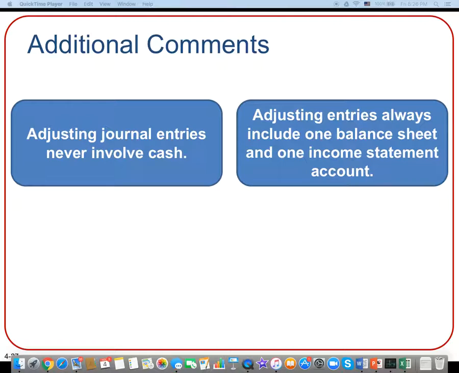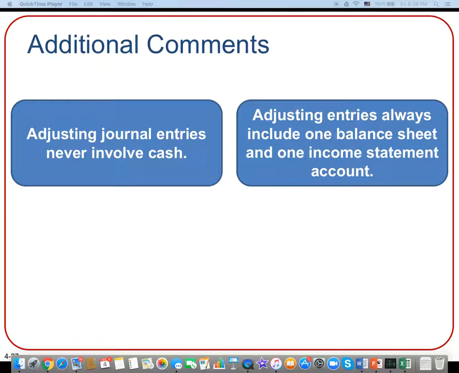An adjusting entry tries to make sure that we recognize revenue when the earning process is finished. When you recognize revenue, that is part of your income statement, right? And then we also need to record according to the matching principle.